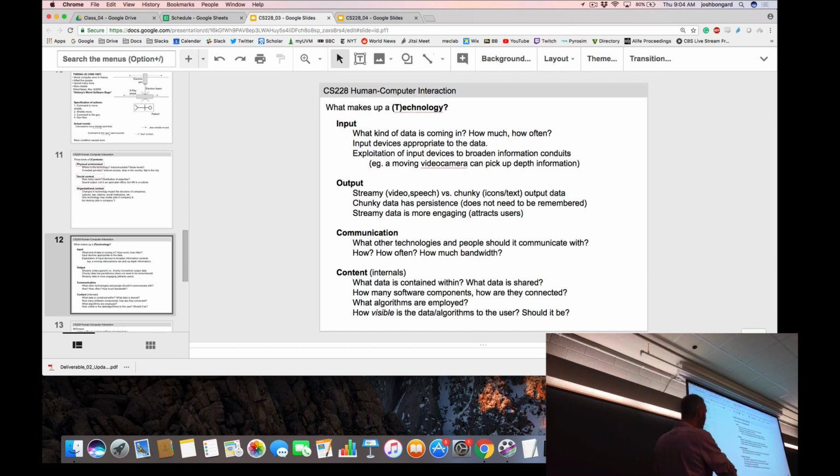Okay, so finally we get from P and A and C to T, and now we need to start to think about technology. Again, in this class, we're not going to focus too much on the internals of your technology. We're really focusing on the front end, right? The part of the code that is interfacing with the user, the input side of things, the output side of things, and communication. So on the input side of your technology, what is coming in?